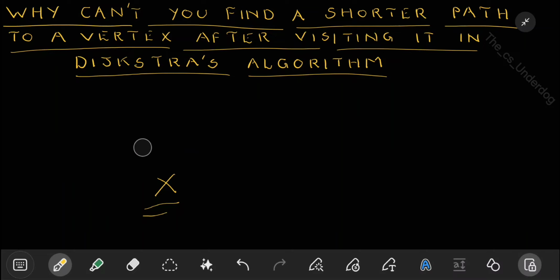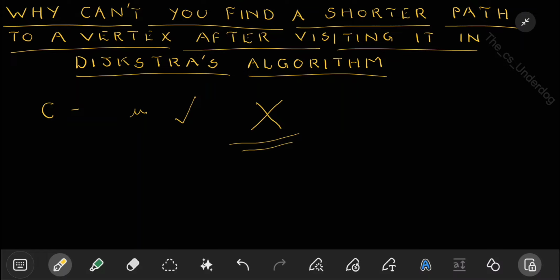So what is the claim that we want to prove here? Our claim is that once a vertex U is visited, there cannot exist another shorter path which has a lesser distance to U. Let us prove this claim in this lecture.